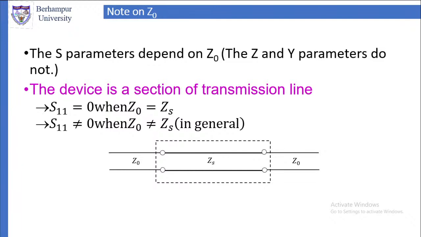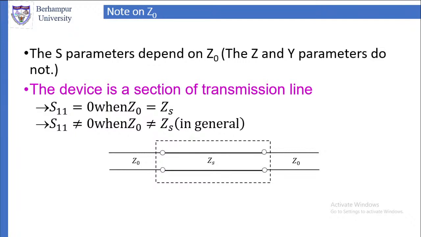Then we will have a note on Z0. The S parameters depend on Z0. The Z and Y parameters do not depend on Z0 or the characteristic impedance of the line connecting to the network. So the device is a section of a transmission line. We can always model the device as a section of a transmission line with S11 equal to 0 when Z0 is equal to ZS, ZS being the characteristic impedance of the transmission line.